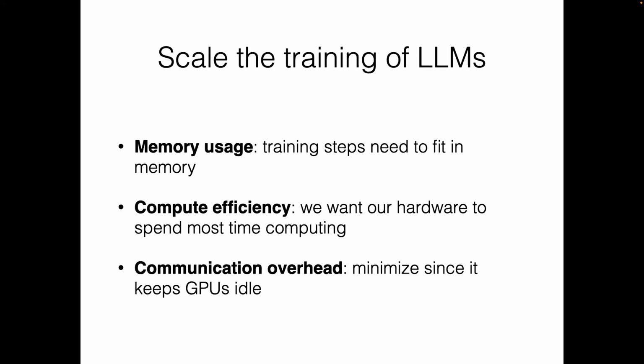The other is compute efficiency. Say someone gives us 16,000 GPUs, and we have a week to train, and only, say, 1% of the time the GPUs are actually performing computations, then that's a waste of the resources that we have.